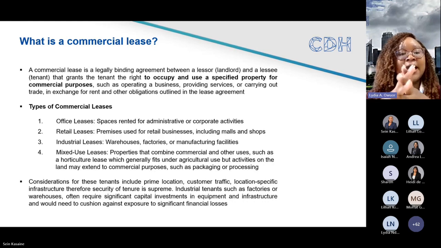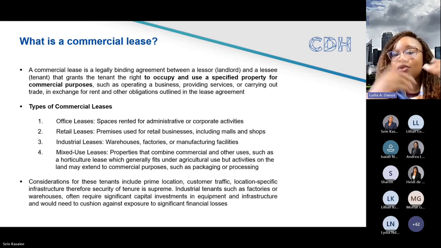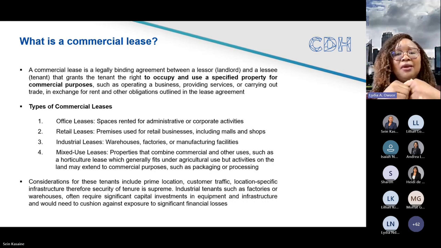So as you can see on the slide, these considerations are fundamental because we're looking at the tenants who are concerned about prime location. There are tenants who are concerned about customer traffic. This is self-explanatory. When you're looking at these supermarkets, there are tenants who are very particular about location-specific infrastructure.